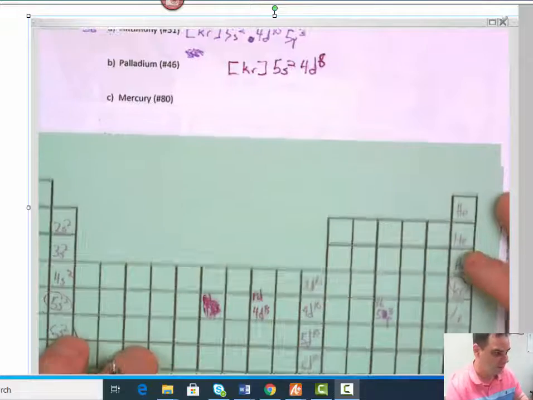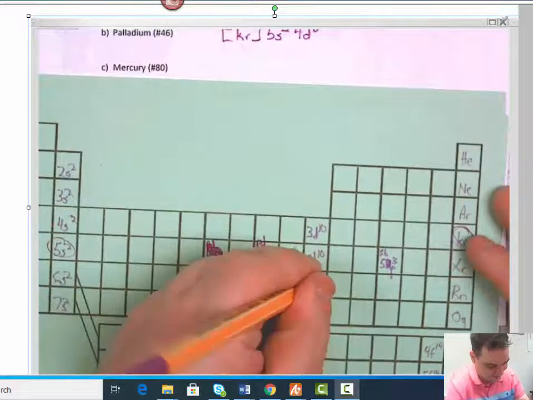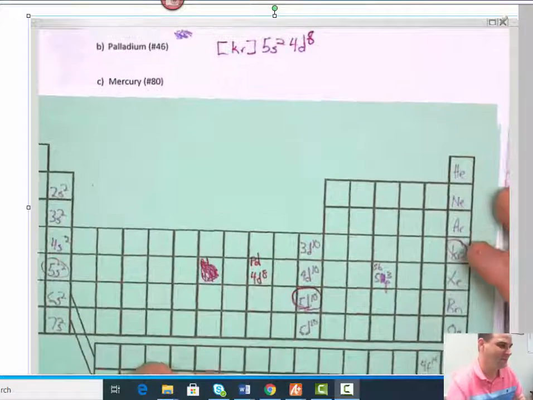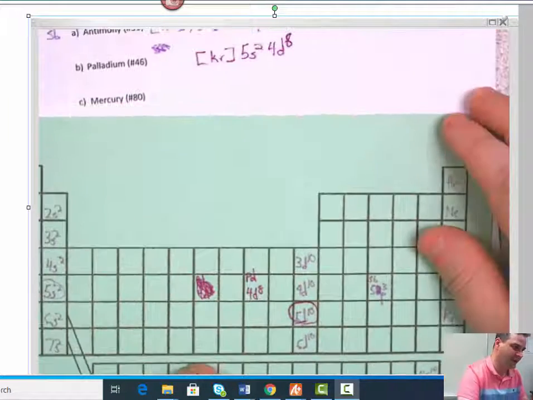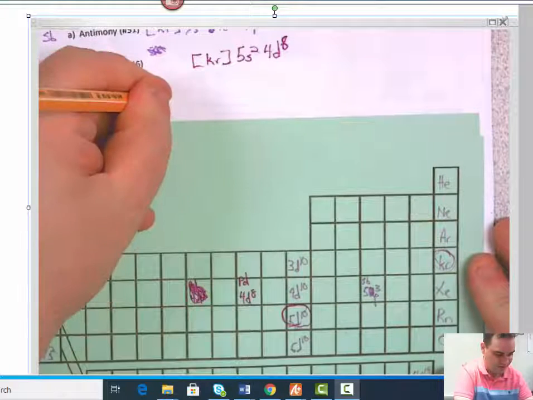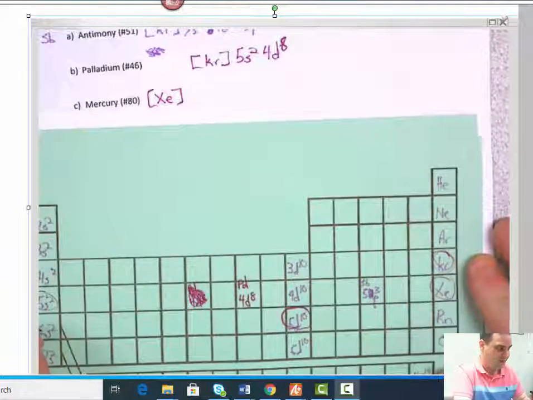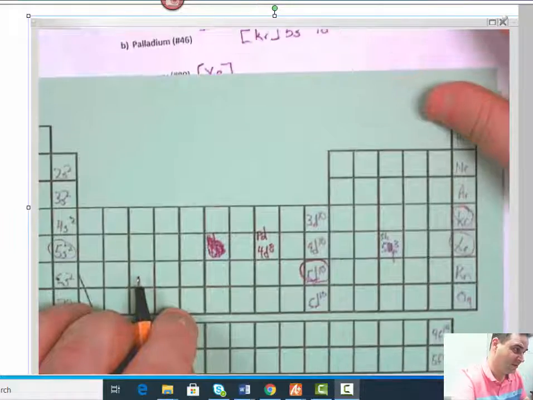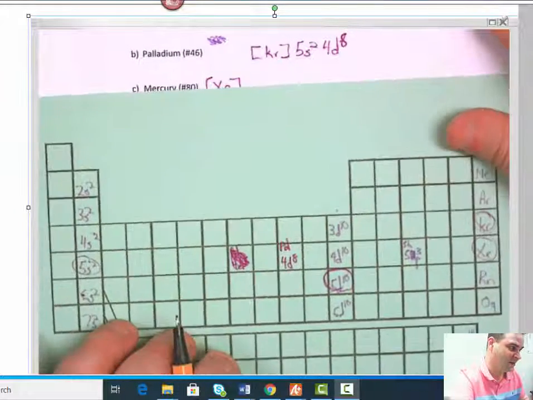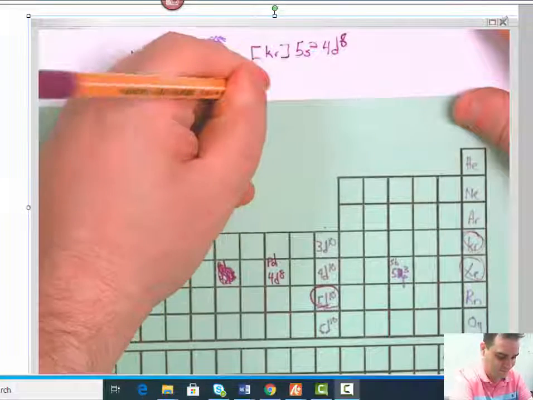Okay. Mercury. Mercury is number 80. Mercury is right here. Okay. So for mercury here, we have to go back to the noble gas before it, which is xenon. Put that in brackets. Then you continue on. 6s2. As I try to do this on the paper and let you see it at the same time. Yeah, it's kind of hard. 6s2.